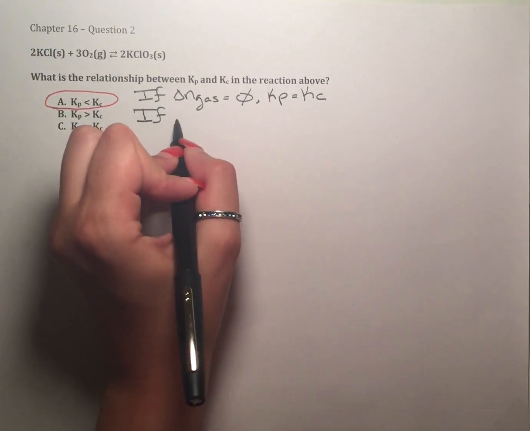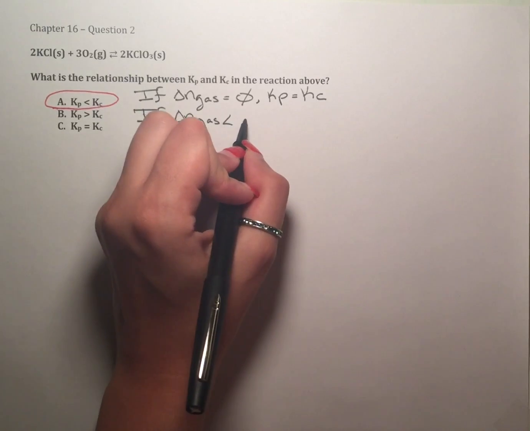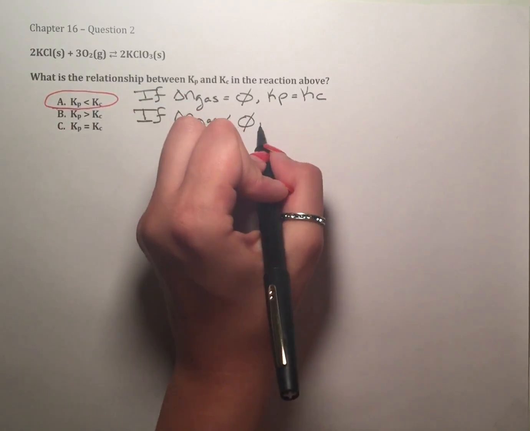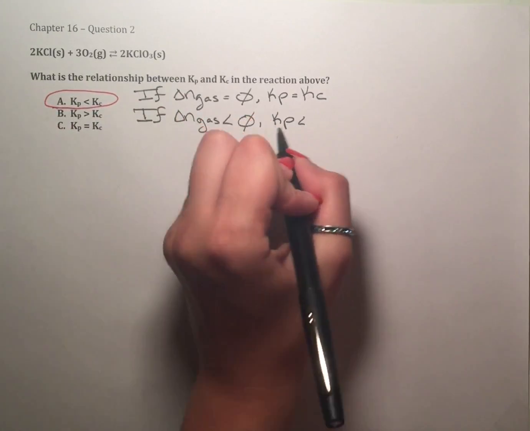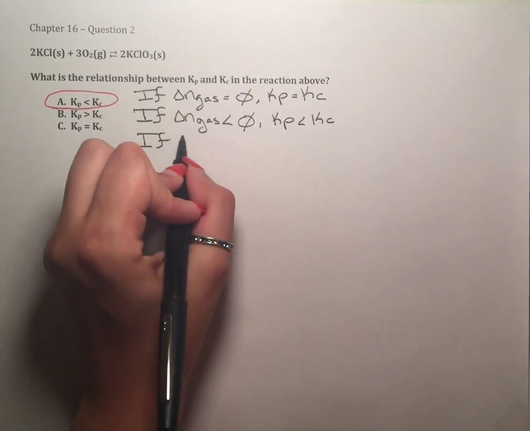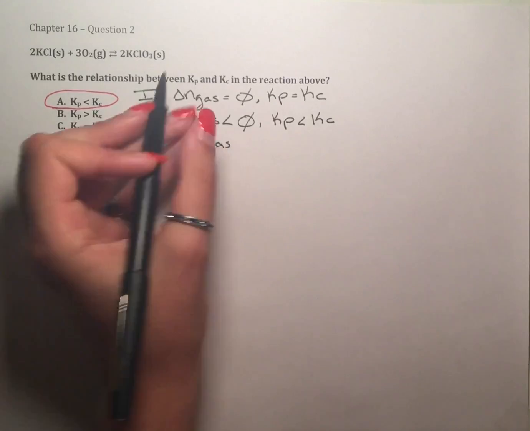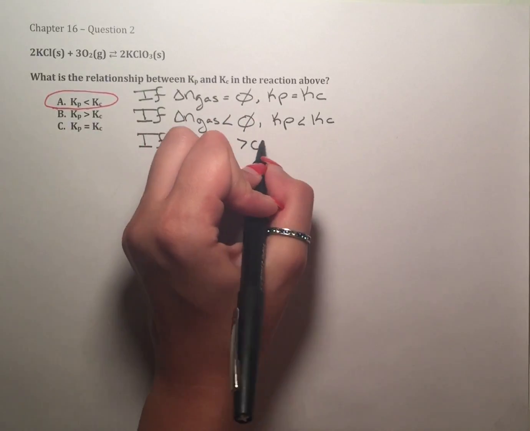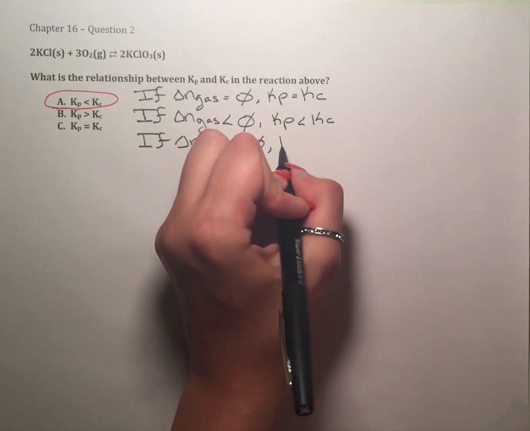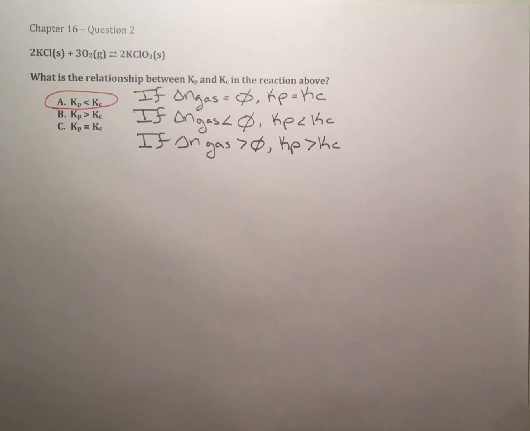Okay, if delta N gas is less than 0, then Kp is less than Kc. And if delta N gas is greater than 0, then Kp is greater than Kc.